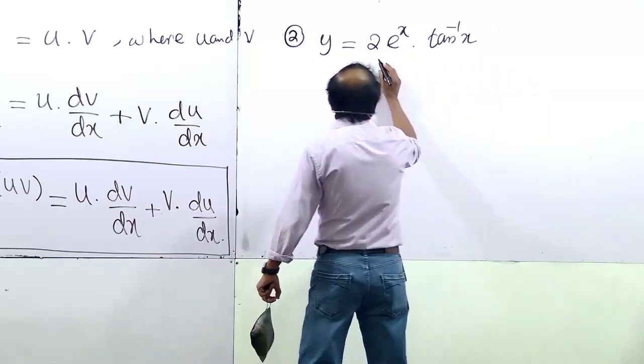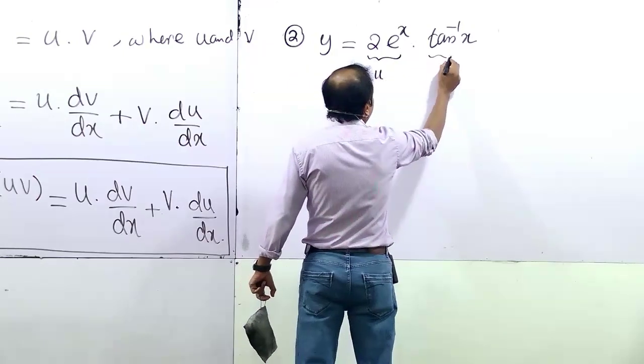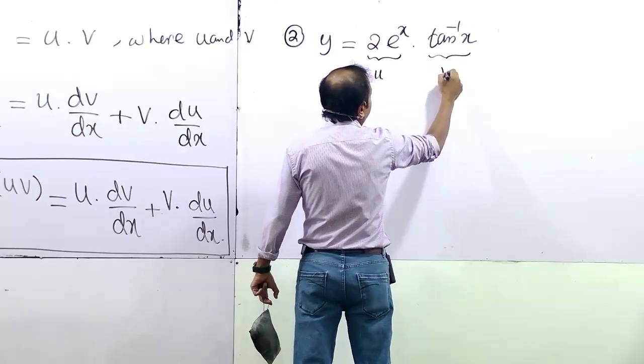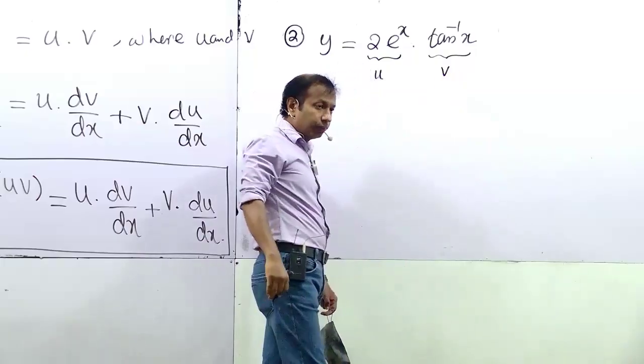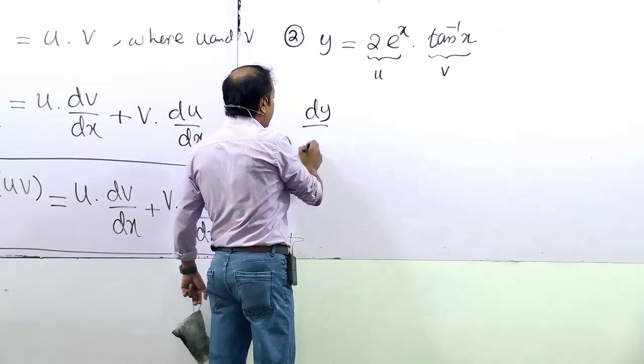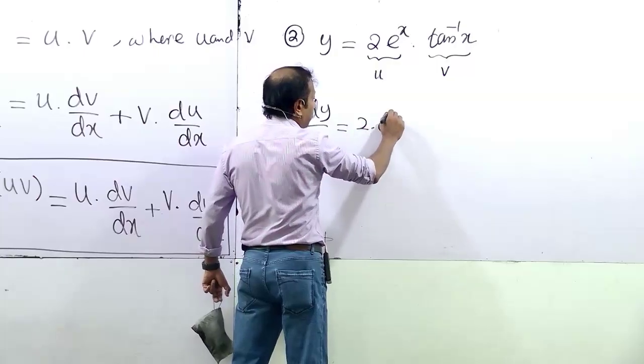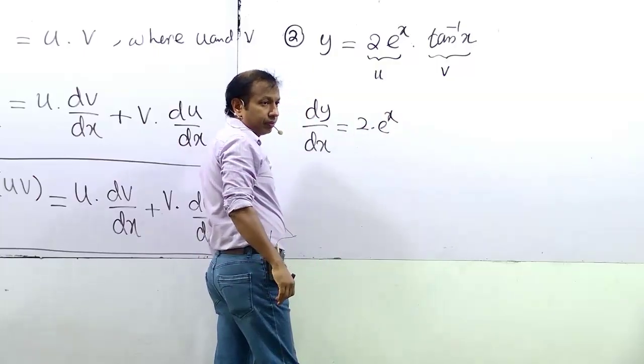First, I can take this 2 times e^x as your u function, this as your v function. We will do that way first. dy over dx. Our first function we keep as the same, 2e^x.